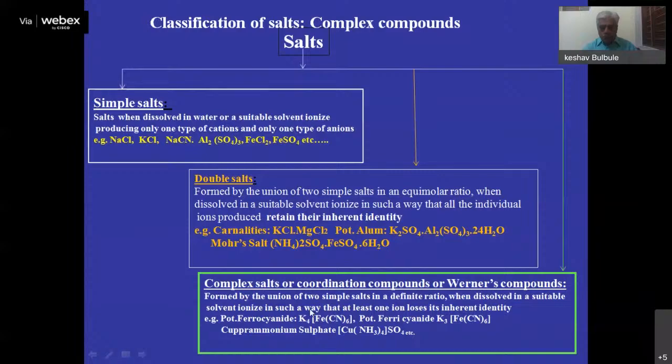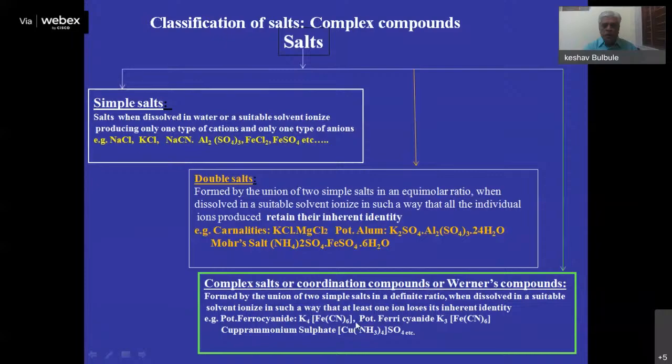When dissolved in water or any suitable solvent, the compound will so ionize, I shall repeat, the compound will so ionize that at least one ion would have lost its original identity. The best example is K4Fe(CN)6. This is formed by two simple salts, deadly poisonous potassium cyanide KCN and another less poisonous ferrous cyanide.